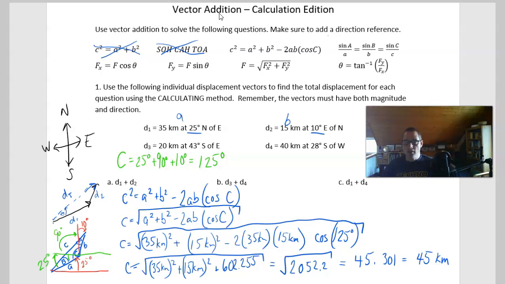That's the angle. So I'm going to say sine of B, capital B, that's the angle, divided by B is equal to, I don't know angle A, but I do know C now.